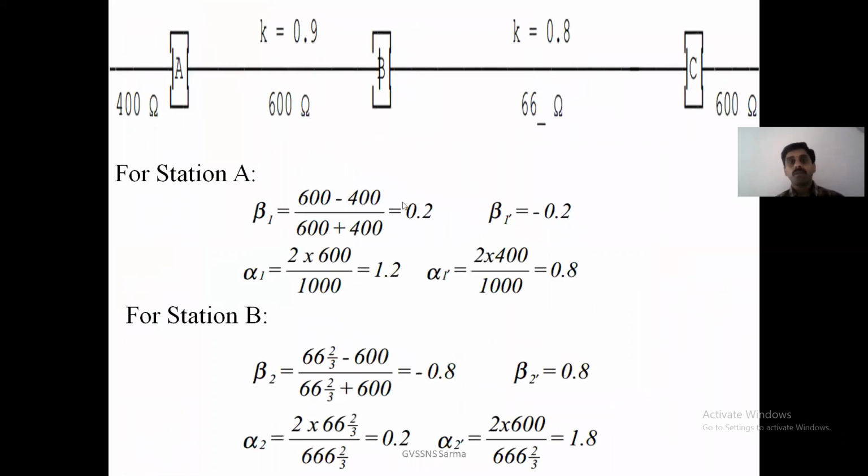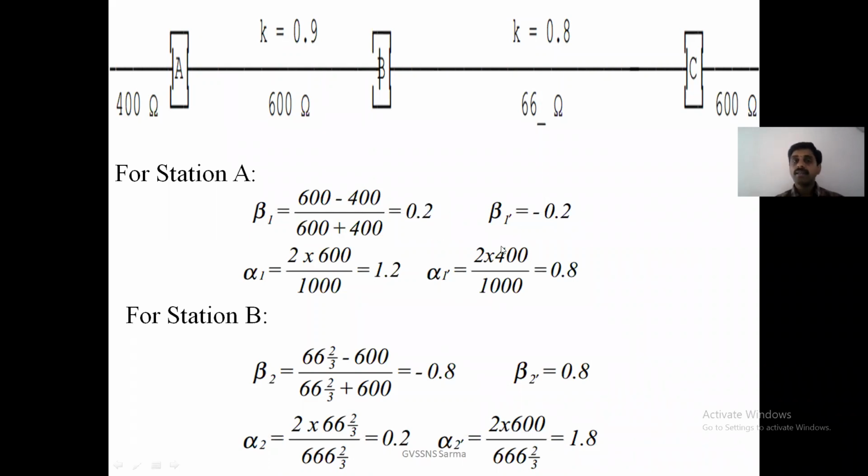Okay, let us see this simple example here. With the experience of the previous one, there is Z1 400, Z2 600, and this is 66 2 by 3. Actually, that is missing, and this is 600. So these are the attenuation coefficients. For station A, we can calculate beta 1. Beta 1 is equal to (Z2 minus Z1) divided by (Z2 plus Z1), equal to 0.2.